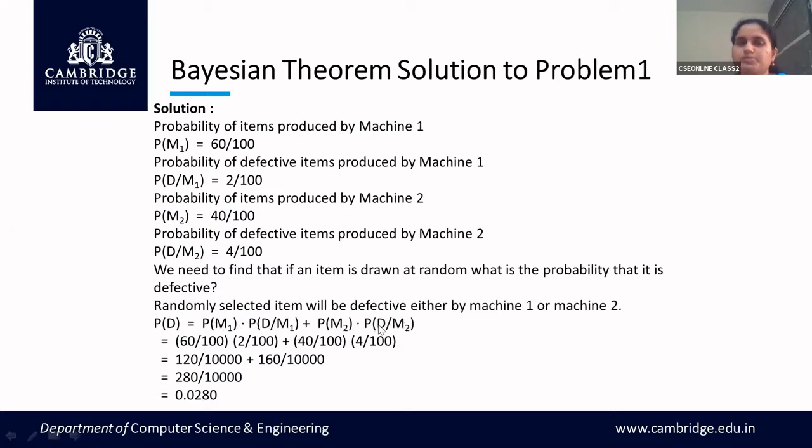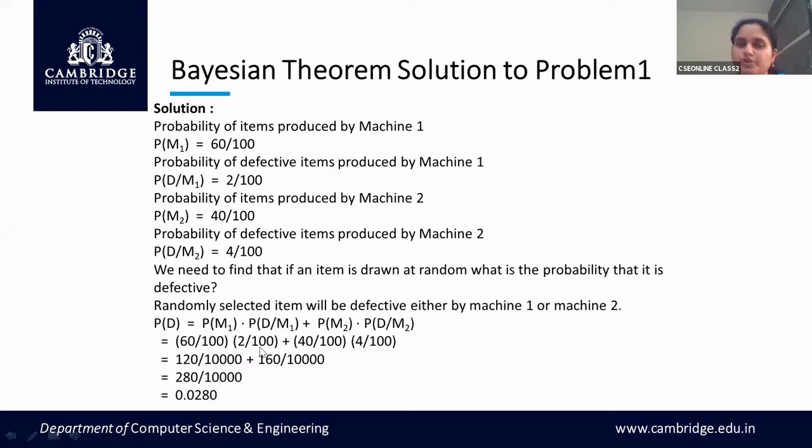So this formula is called maximum likelihood. If you multiply this, it gives you the maximum likelihood of the defective pieces produced with respect to machine 1. Similarly, the maximum likelihood of defective items produced with respect to machine 2. Because here the total probability 100 is divided into 40% and 60%, you have to add the probability of both machine 1 as well as machine 2.